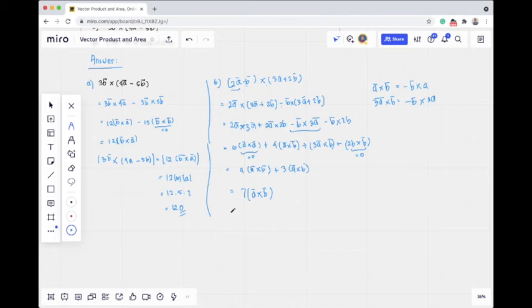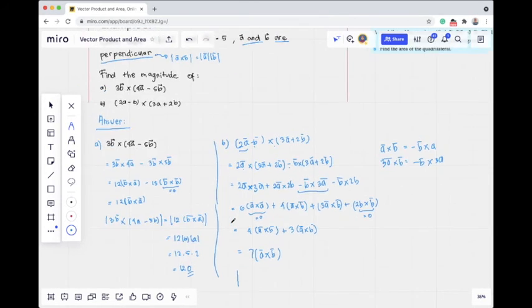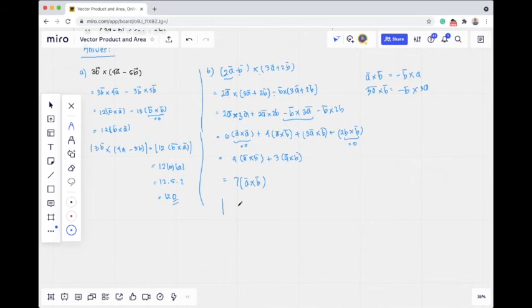Then we have to find the magnitude. The magnitude of 2a minus b cross 3a plus 2b equals the magnitude of 7a cross b, or 7 times magnitude of a times magnitude of b.